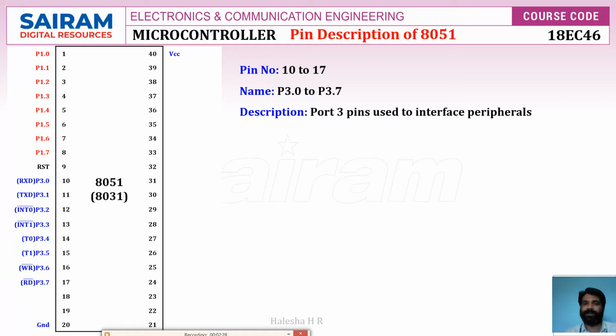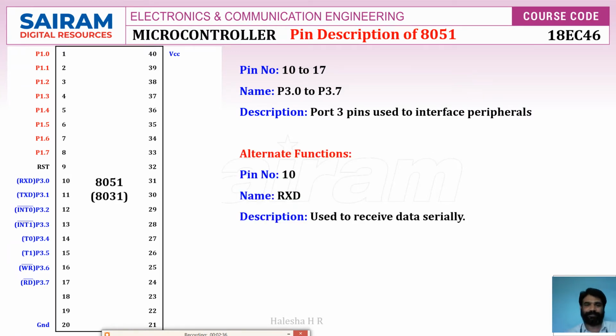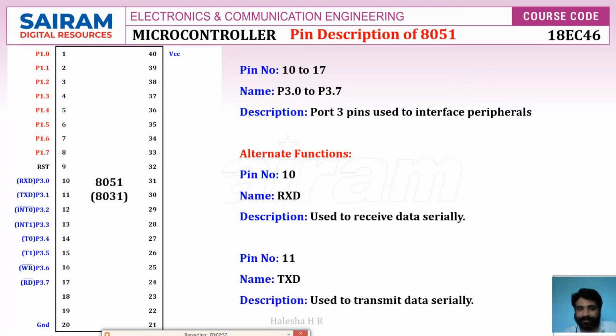They can be used as port 3 pins for input or output to interface peripherals, or for alternate functions. Pin number 10 is RxD, used to receive data serially in serial communication. If you receive data from an external device, that data will be received serially through this RxD pin, and this RxD pin will be connected to the TxD of the external device.